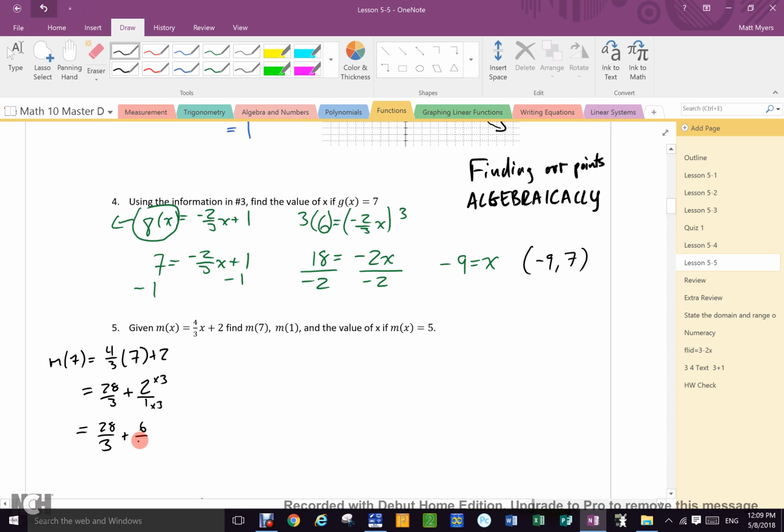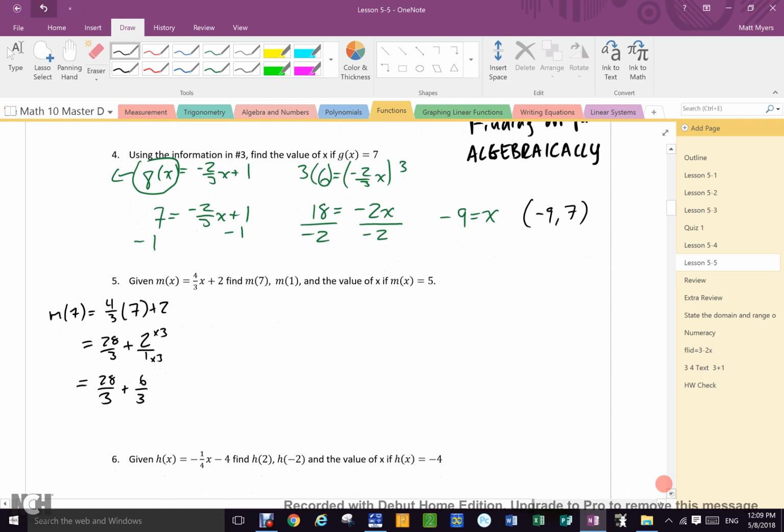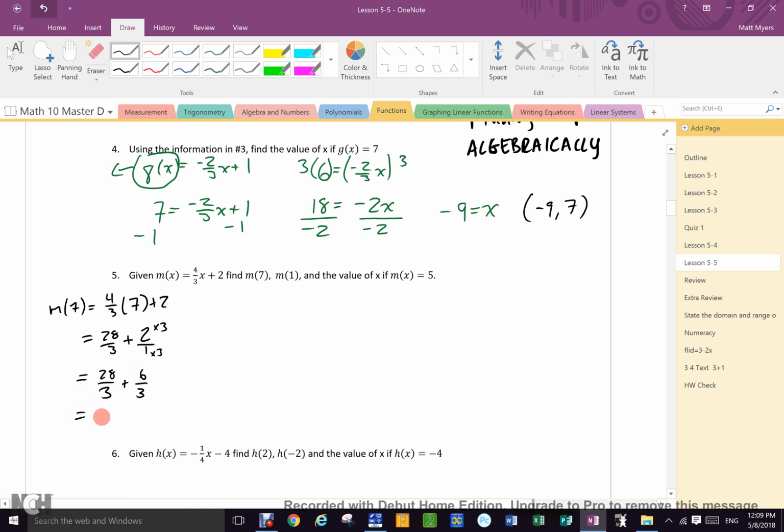So now I have 6 over 3. What is 28 thirds plus 6 thirds? 34 thirds, which is 11 and 1/3, correct? Yes. What then is the ordered pair? 7 and 11 and 1/3.